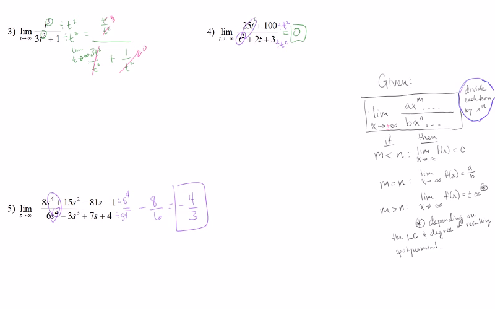So if I rewrite this, it'll be the limit as t approaches infinity of t to the 3rd on top, and on the bottom this went to 0, so really all we have left on the bottom is that 3. Another way to write that is 1/3 t cubed. So our leading coefficient is positive 1/3, our exponent is odd, and so that's going to be up on the right, down on the left, and here we're going to the right. And so it's going to be positive infinity.